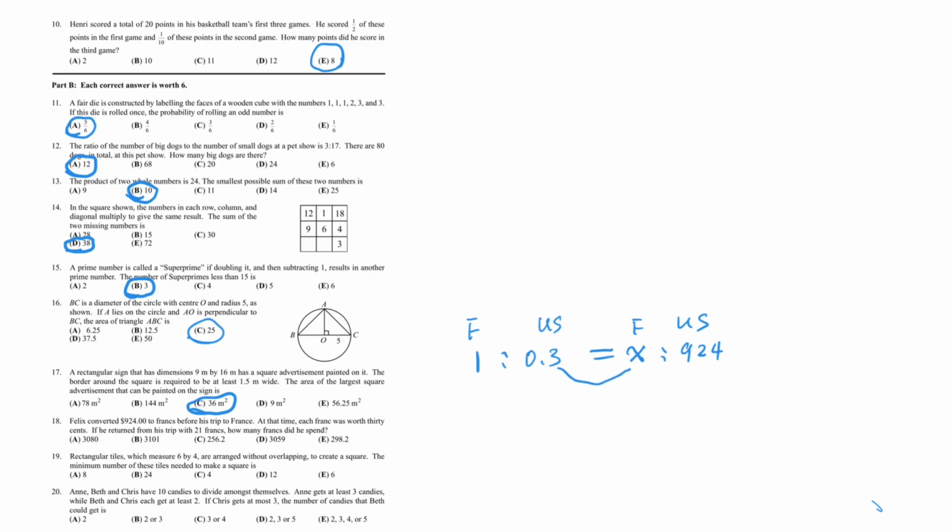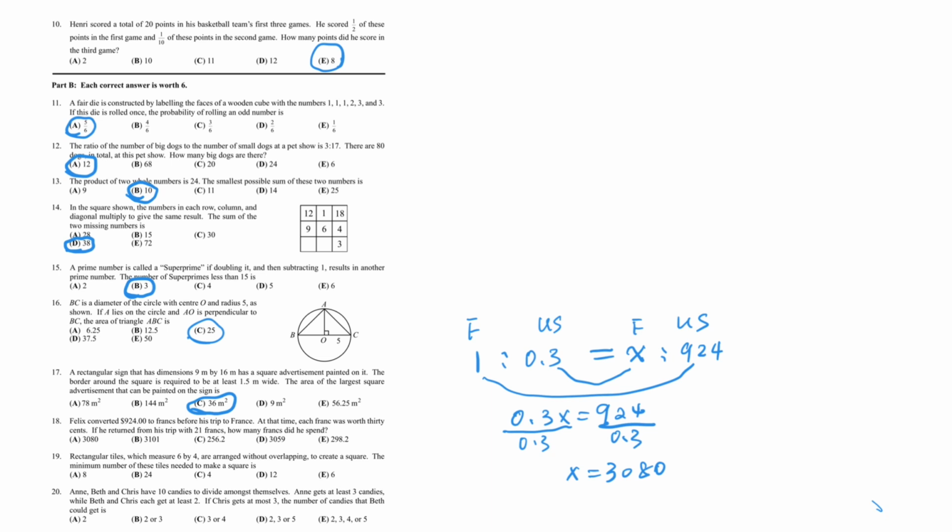Ratio equation: inside times inside, outside times outside. 0.3x equals 924. Divide both sides by 0.3. X equals 3,080 francs.